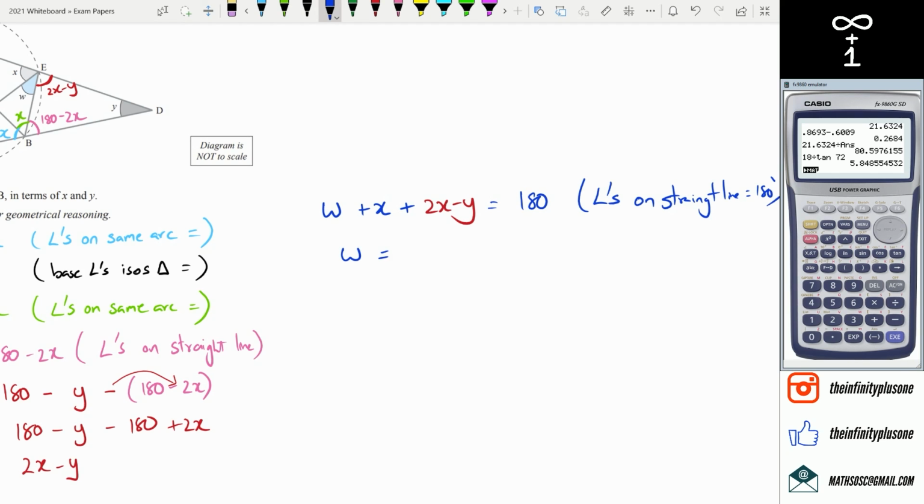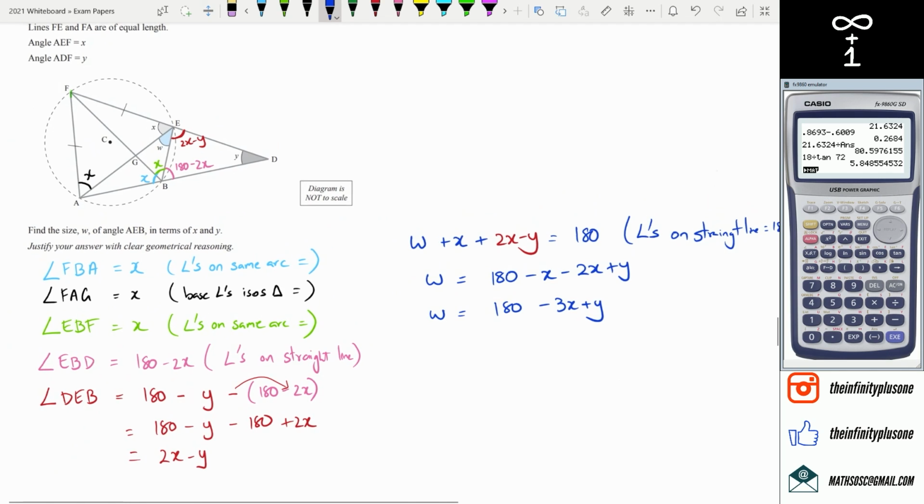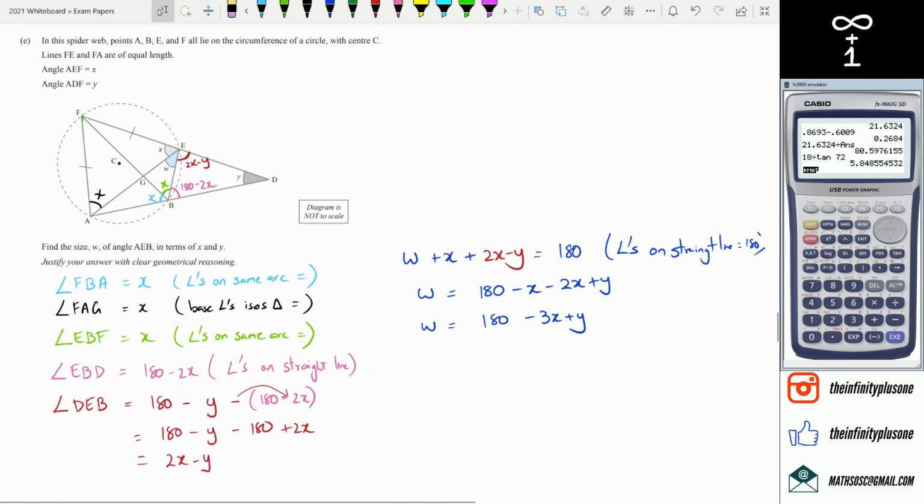So W is equal to 180 minus x minus 2x, and plus y, because I've got to change those symbols. Then W is equal to 180 minus 3x plus y. It is a bit of a long question, but it's not too bad. You've got to learn how to pick out those isosceles triangles and angles in the same arc, and once you do that, you should be pretty much well on your way.